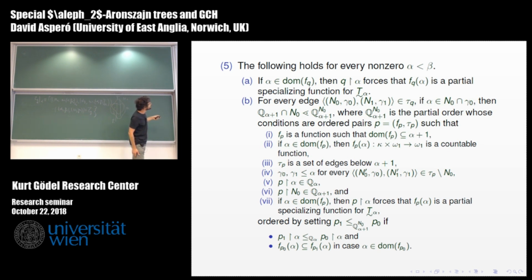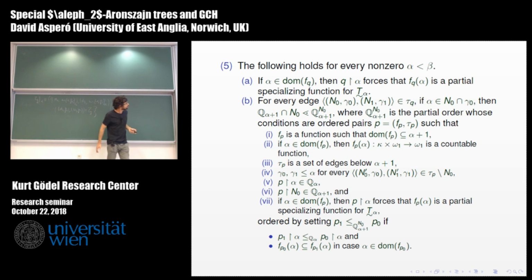And if alpha is in the domain of f p, then p restricted to alpha forces that this is a partial specializing function for this tree. Again, this makes sense. So this forcing is what q alpha plus 1 should be, except that all the markers of edges that don't come from n0 are simply alpha at most. So it makes sense, and the extension relation is just the natural one.